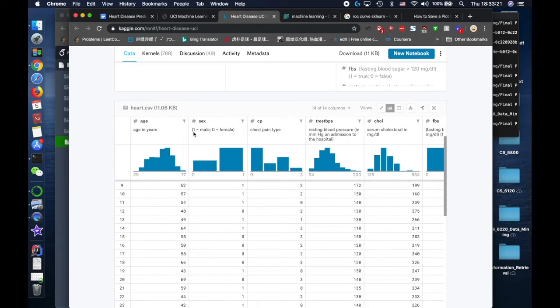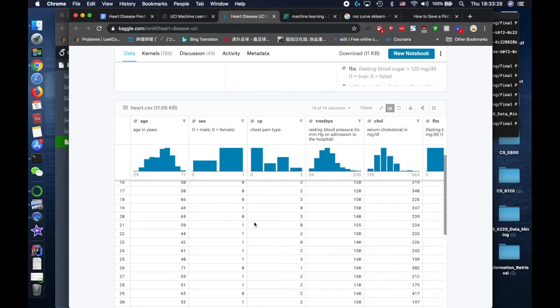Sex, for example: 1 stands for male and 0 stands for female. CP, another case, has numeric values 0, 3, 2, and 1. These numeric values don't mean anything in numeric terms. Instead, they represent categories. So for CP, chest pain type, a total of 4 numeric values just represent different chest pain types.